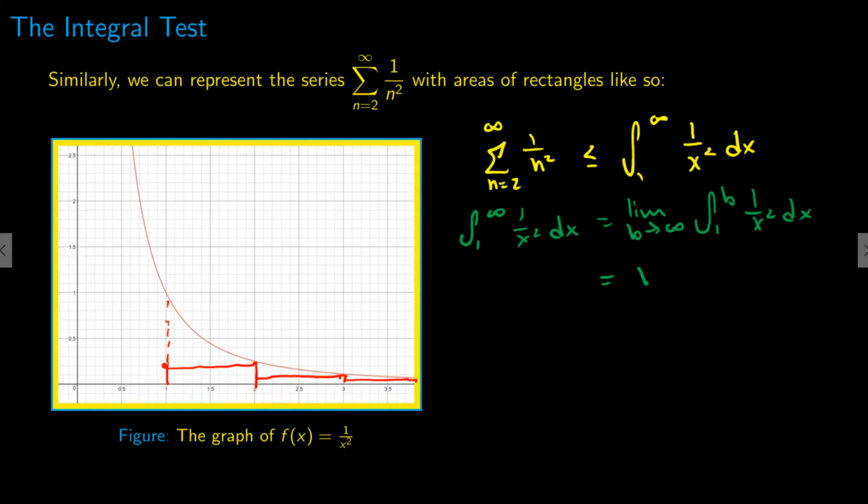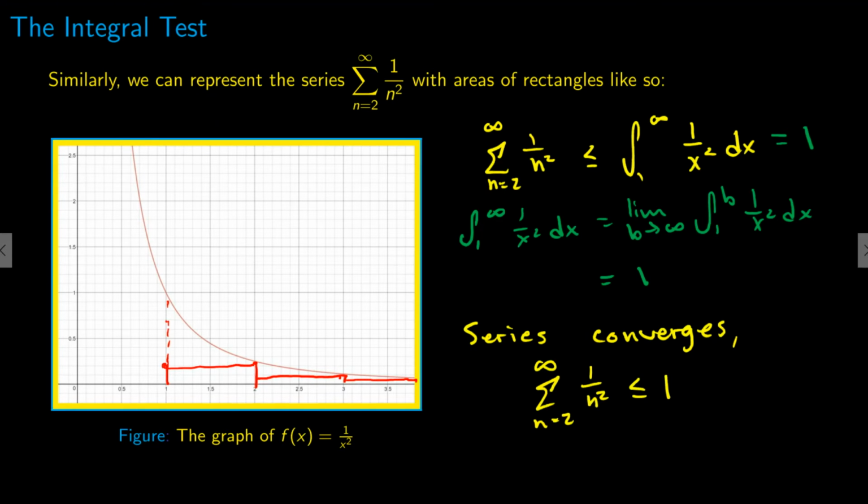So we get this integral is just 1, which tells us our series converges, and it's going to converge to a value less than 1. So we'll even write the series from n equals 2 to infinity of 1 over n squared is less than or equal to 1.